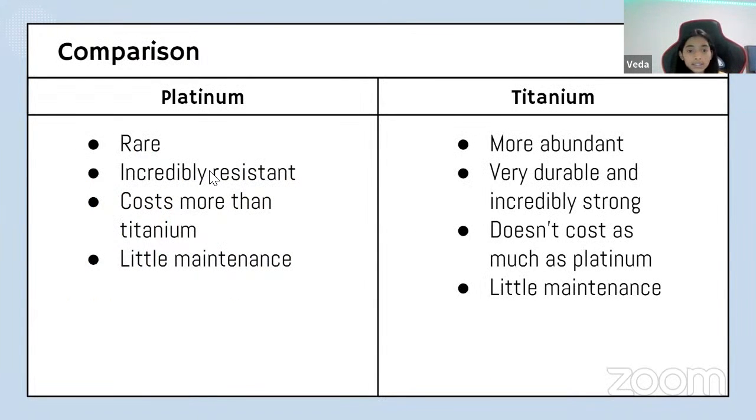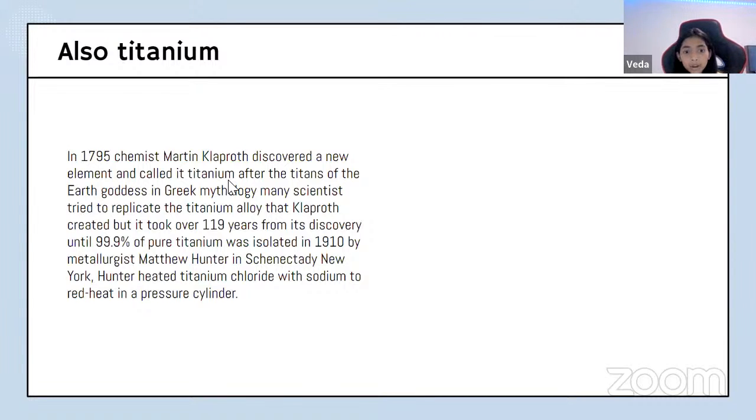In 1795, Martin Klaproth discovered a new element and called it titanium, after the Titans of Greek mythology, the Earth goddess's children.